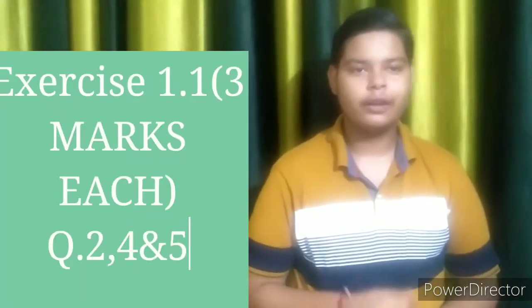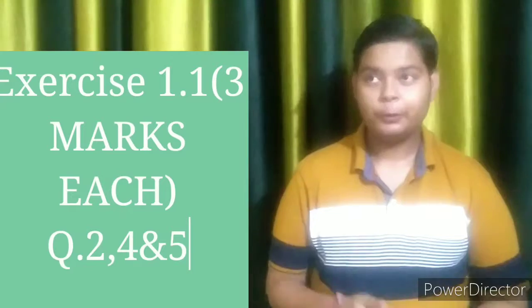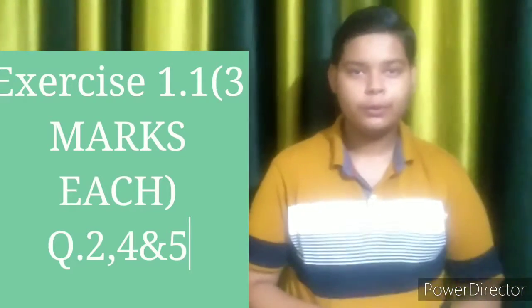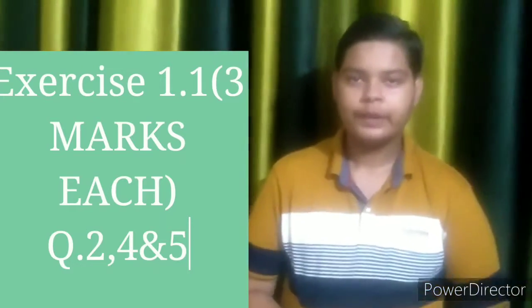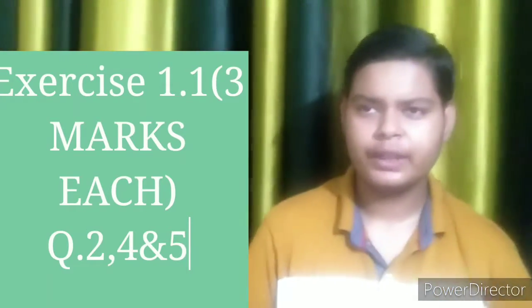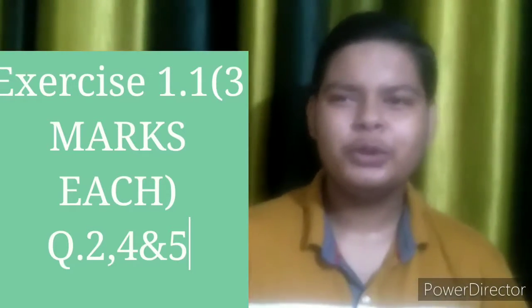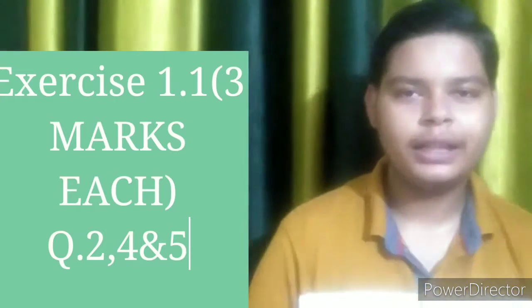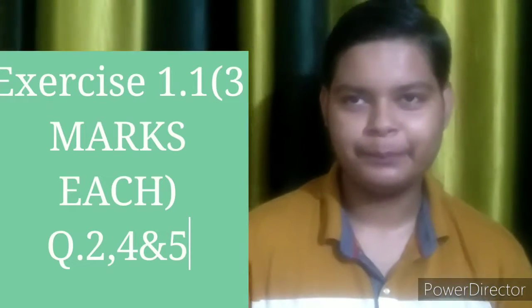Okay, so let's begin. Let's talk about exercise 1.1. In this exercise, question numbers 2, 4 and 5 are very important and most repeated questions. These mostly come for 3 marks, and every year you might see these kinds of questions.